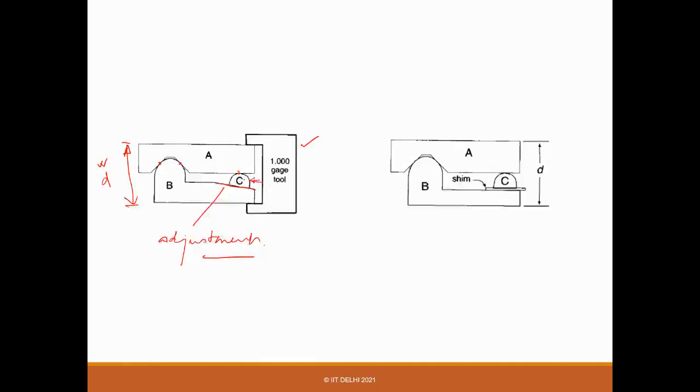So depending on the kind of adjustment you want at this point, suppose you assemble and you are not happy, you find it is either small or big, you just adjust with some kind of screws. So you can slide this block C along this ramp or slope, and you can accurately get it, and then you can lock it. So once it's locked, you will achieve the same position every time, right?